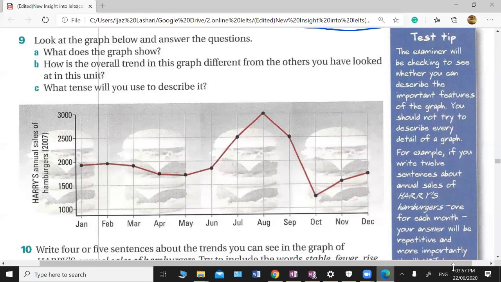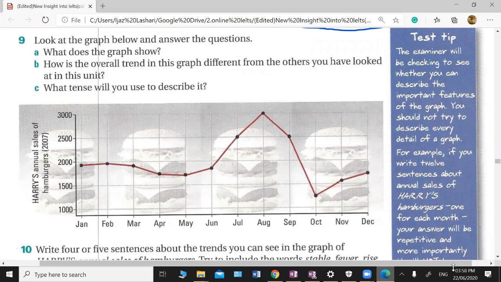Can you just explain a little bit what is the horizontal axis, what is the vertical axis, and what does the vertical axis tell? The vertical axis tells us about years. Okay, are you sure? Vertical is like from 1,000, 1,500, 2,000, 2,500, 3,000. Is that so?